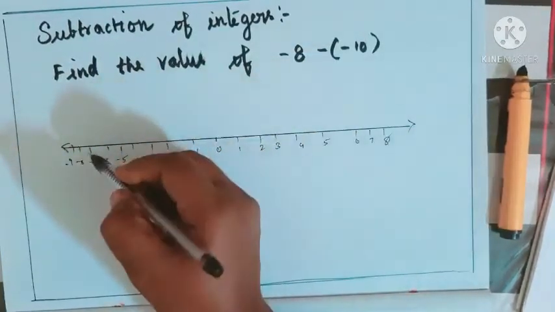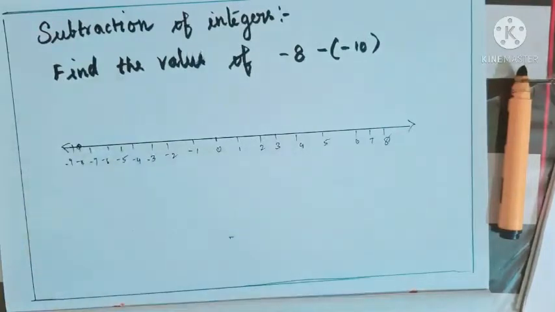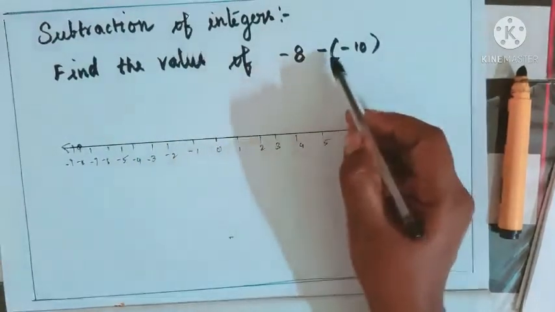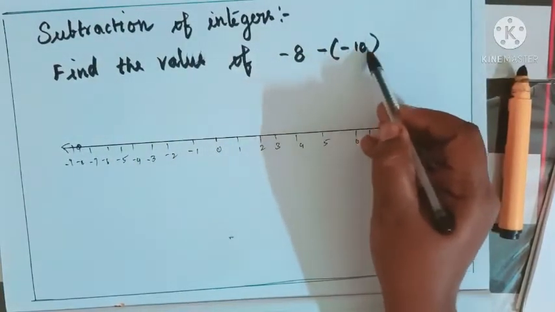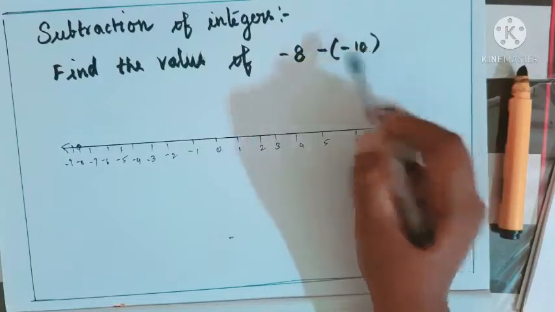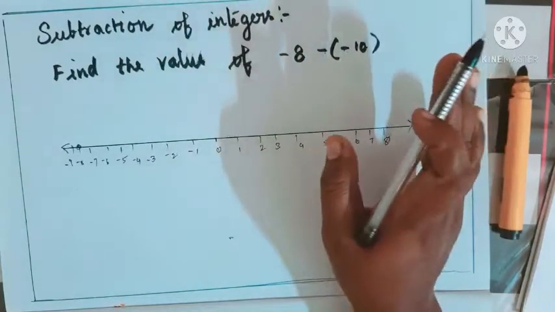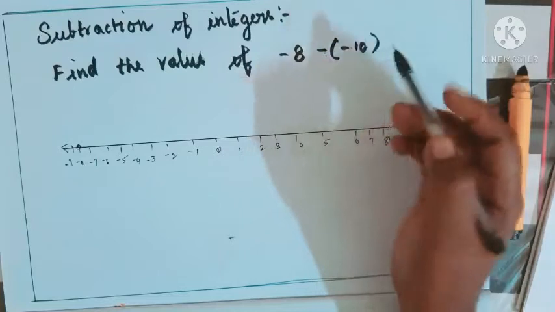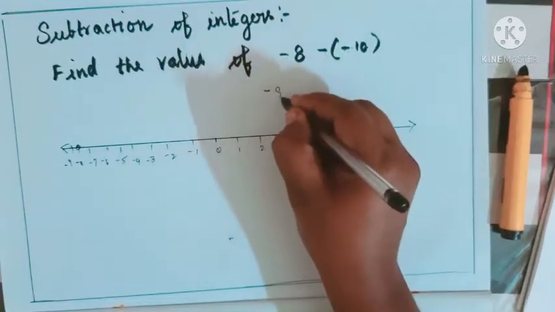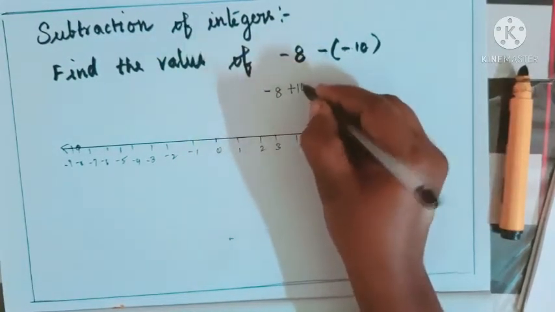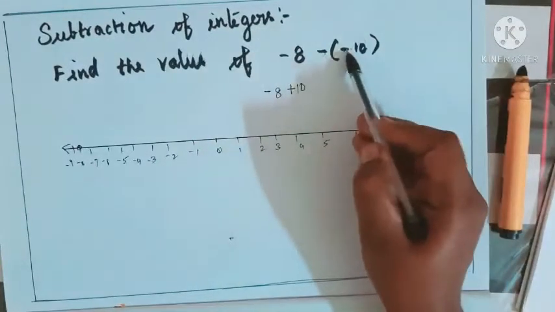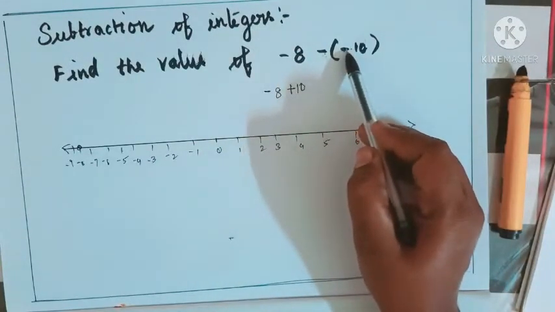So you are standing at minus 8 now. It is minus of minus 10. It is an additive inverse. So that will become what? Plus 10. Understand? Minus of minus. So what will happen? Minus 8 plus 10.